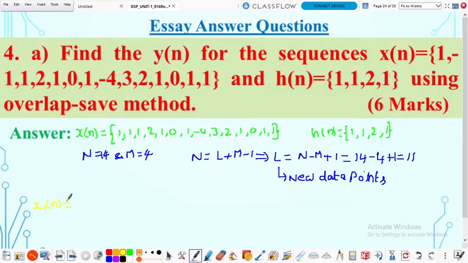Capital M is the length of the impulse response, that is, M is equal to 4. So for the first block, the first samples are arranged as M minus 1 zeros. M is equal to 4, 4 minus 1 is 3, so 3 zeros. The first points are set to M minus 1 zeros, and the remaining data points are followed by new data samples.